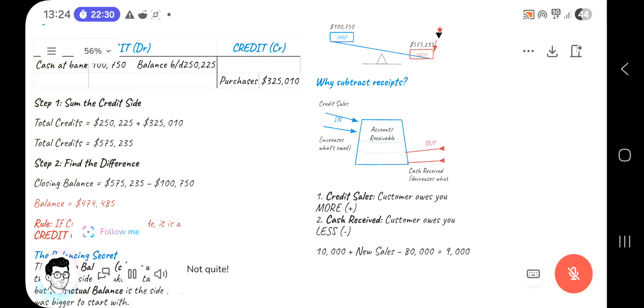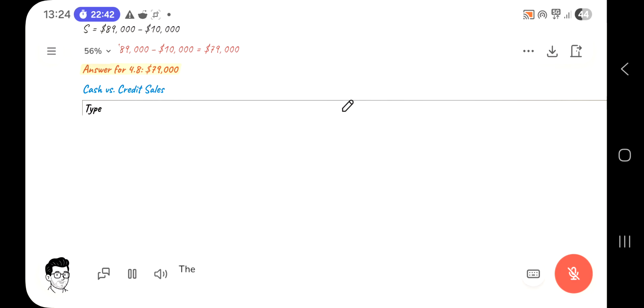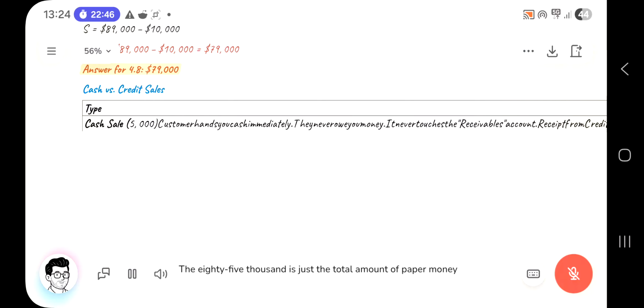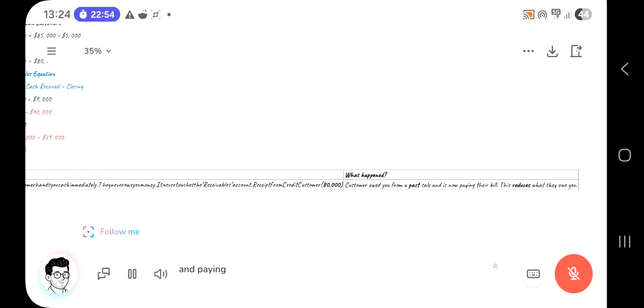Not quite. Let's clear that up, because it's a super common point of confusion. The 85,000 is just the total amount of paper money that hit your hand during the year. 5,000 of that was from people walking in, buying something, and paying right then.